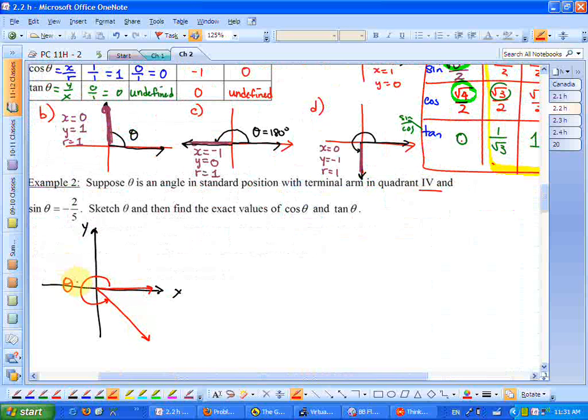And then I'd like you to, like all the other questions, draw the reference triangle that relates to this angle theta. So I hope you can see that the reference triangle should be in quadrant 4 like this. Now, I actually gave you one of the ratios already. And that ratio should help you figure out the lengths of the sides of this reference triangle. How?